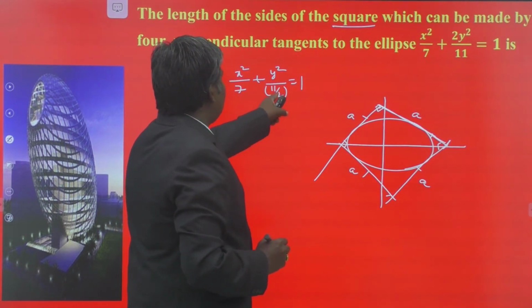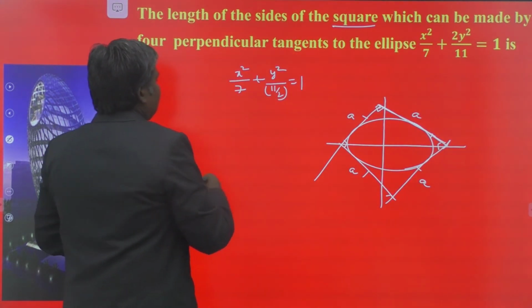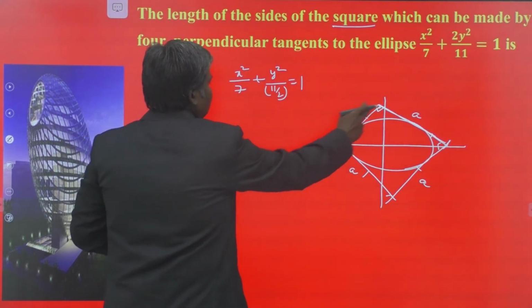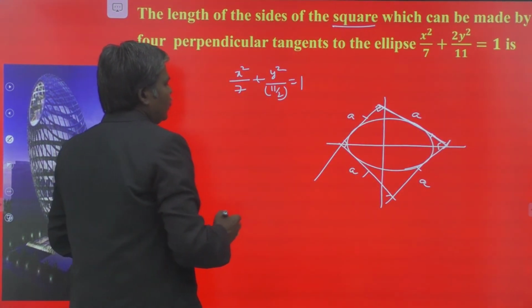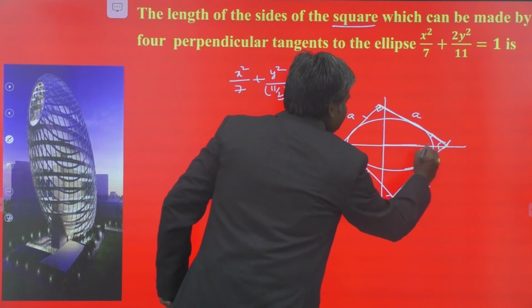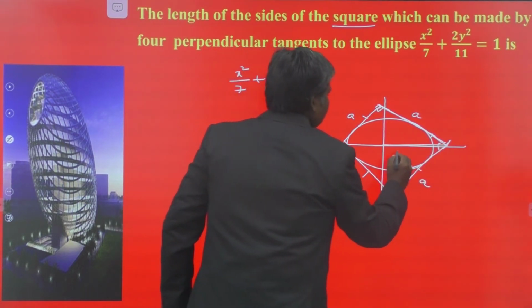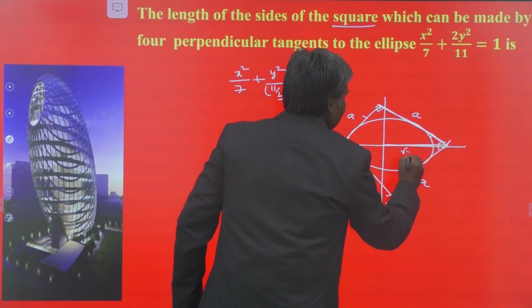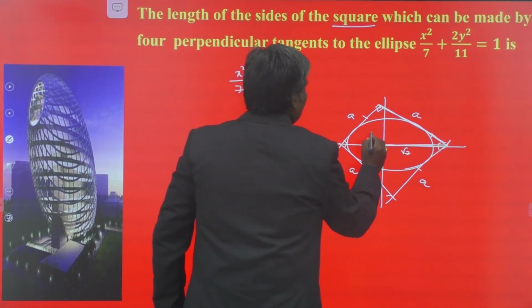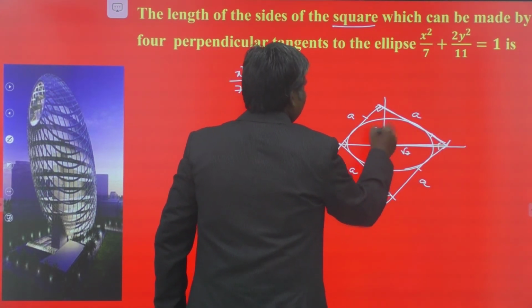Here 7 and 11 by 2 are the a square and b square values, which is different from that a. What is the distance from here to here? Root 7. This is root 7. This is root 11 by 2.